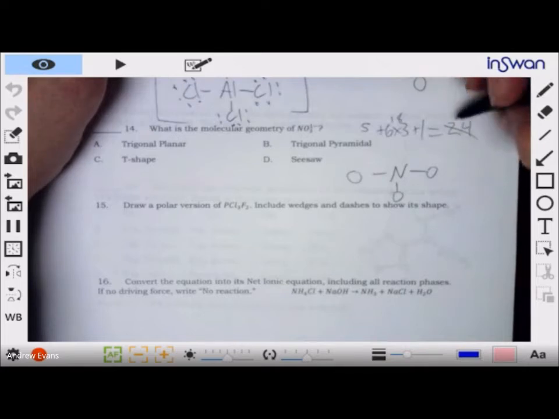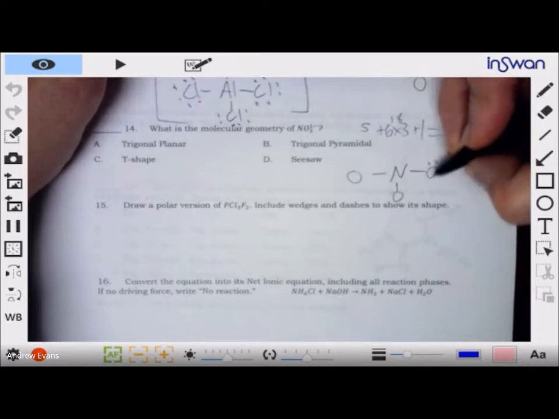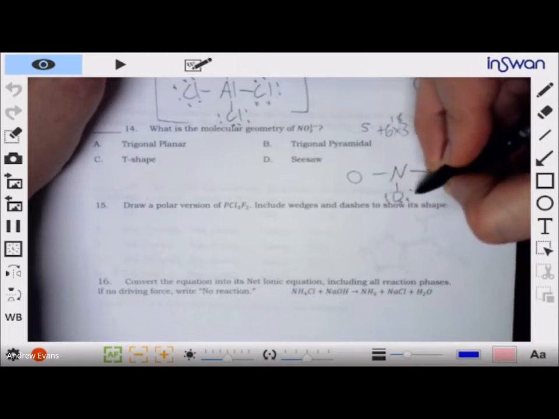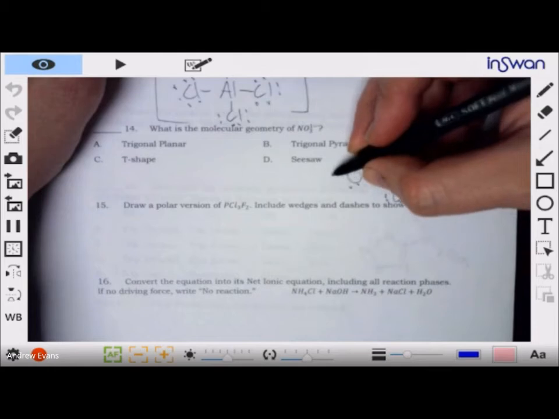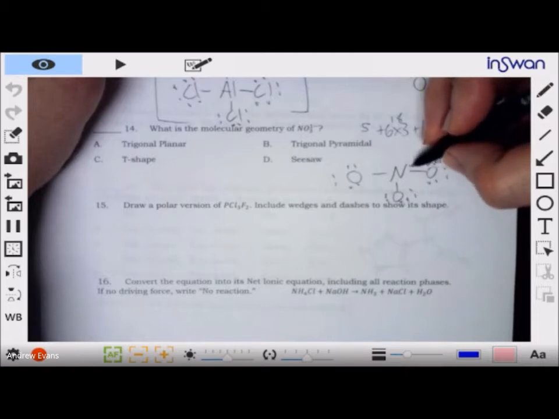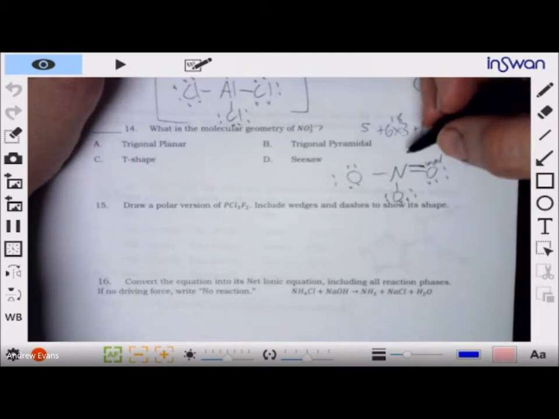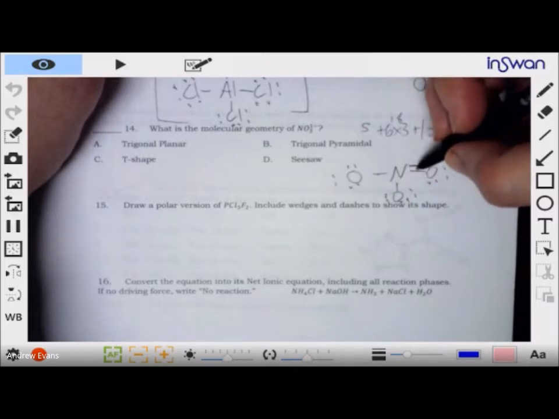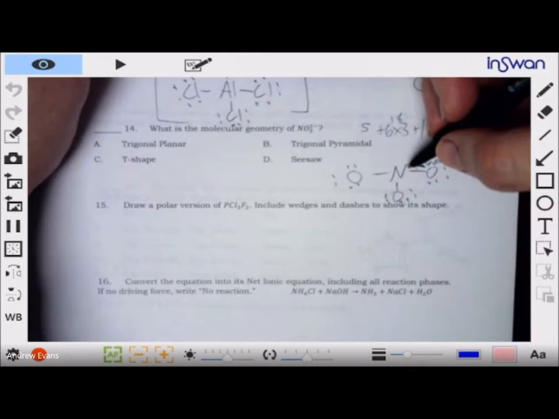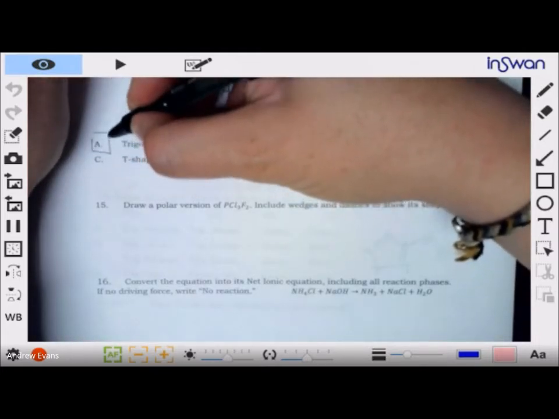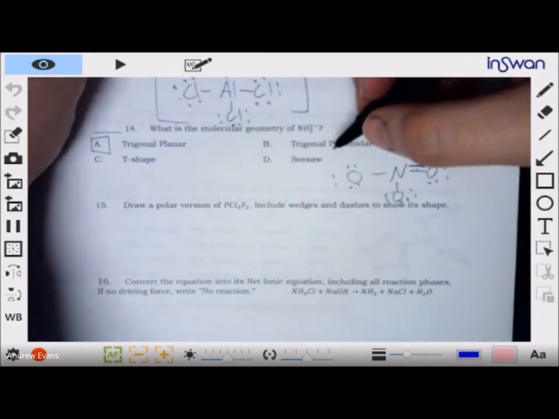We're down to 18. 2, 4, 6, 8, 10, 12, 14, 16, 18. Out of electrons. Make a double bond to stabilize this. What is the molecular geometry? 1, 2, 3 things coming off the nitrogen. It must be trigonal planar. Trigonal planar.